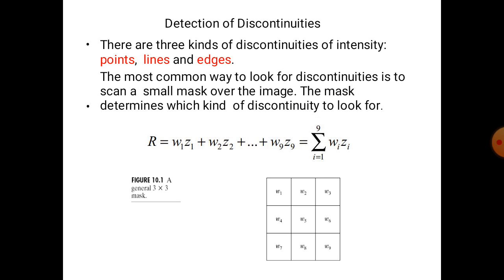So the response of the mask at the center point of the region is R = W1Z1 + W2Z2 + ... + W9Z9, or R = summation of WiZi, for i equal to 1 to 9.